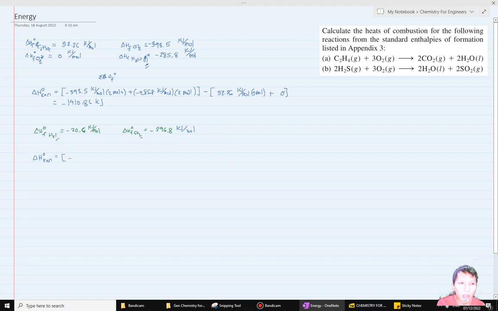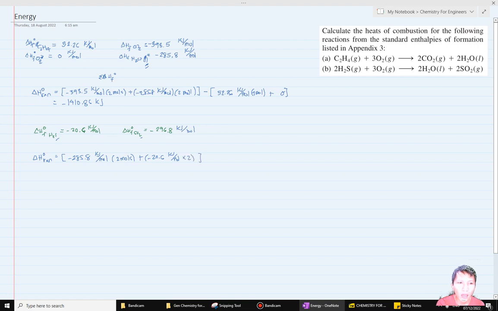That is negative 285.8 kilojoules per mole, and you have 2 moles of water, and then plus your SO2. You also have 2 moles for your SO2, times 2.